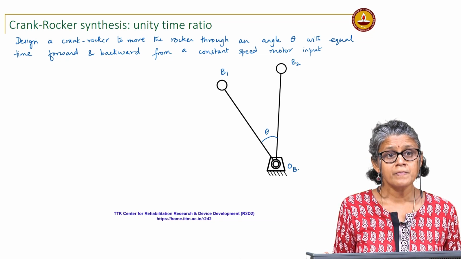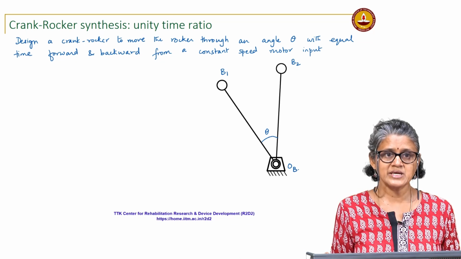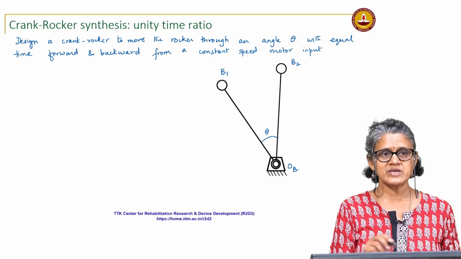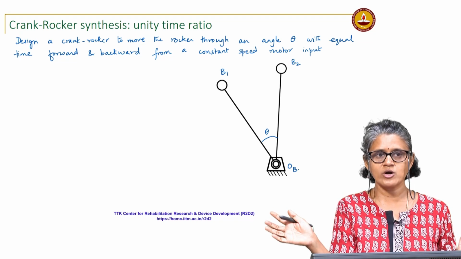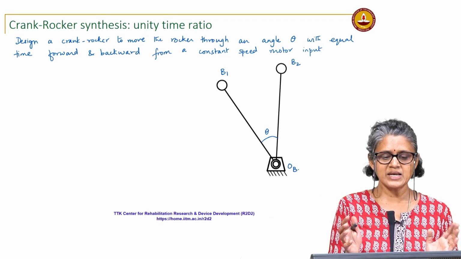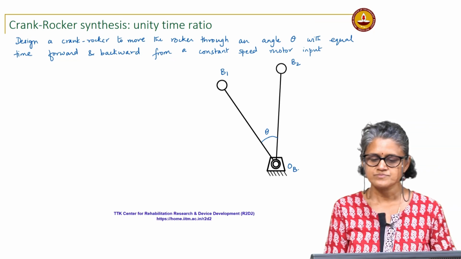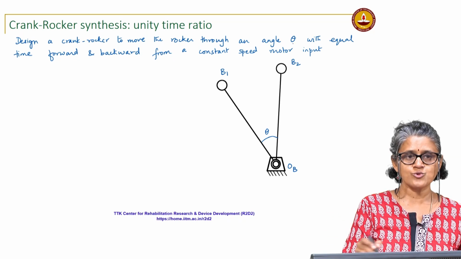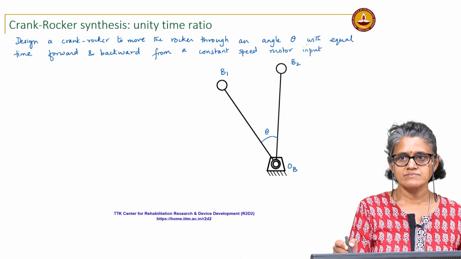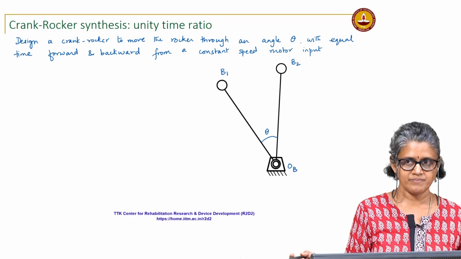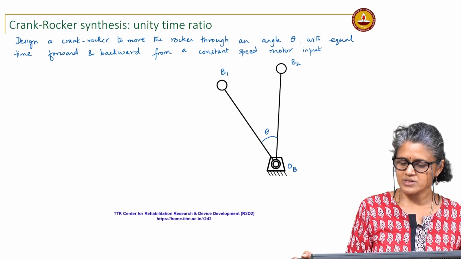Yes, I am limiting those positions. I want it to move between these two and not beyond them. These are limiting positions. So I am only moving through this angle theta. I do not want the rocker to move beyond that. Okay. So that is what it is.